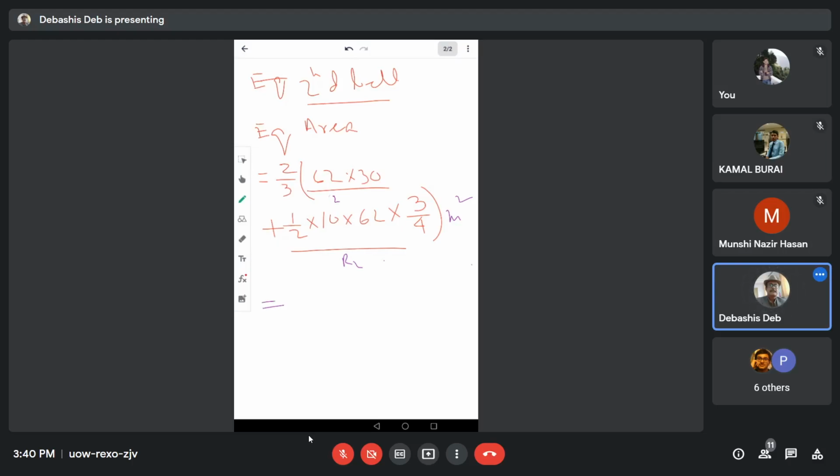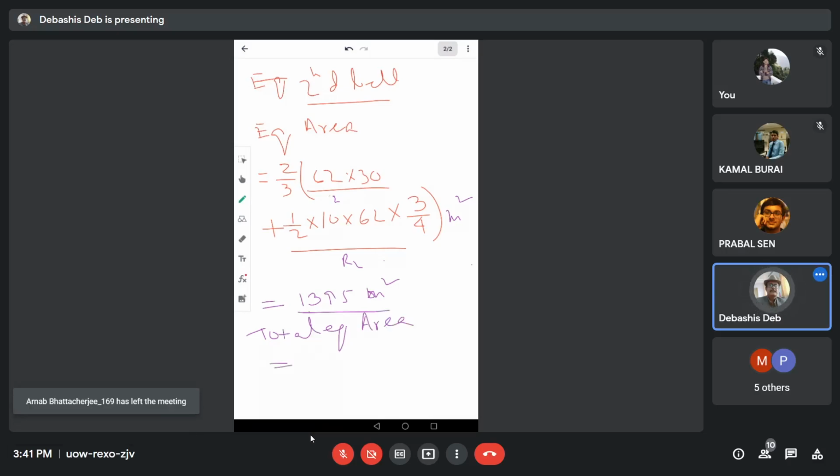How much? Sir, 1395. 1395 meter square. So total equivalent area is coming as this plus previous one.